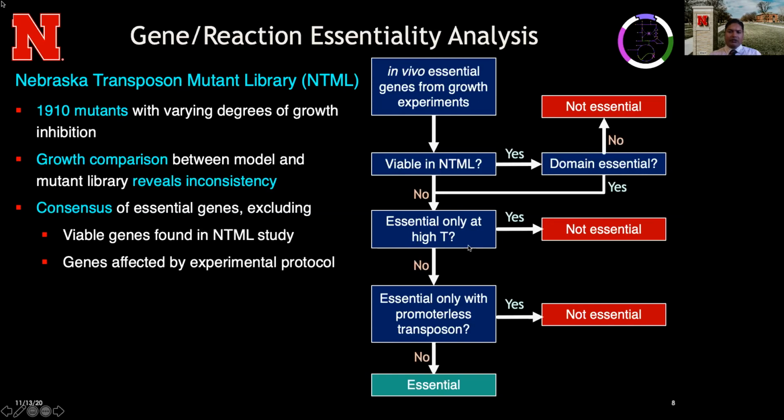Third, if the gene was found to be essential using a promoter-less transposon insert but not with a promoter-containing method, then the gene is upstream of an essential gene, and other sources found it to be essential due to the polar effect that disrupts gene expression. Therefore, finally, for the modeling purposes, only 167 metabolic genes present in the model were considered to be the core set of essential genes in the current study.